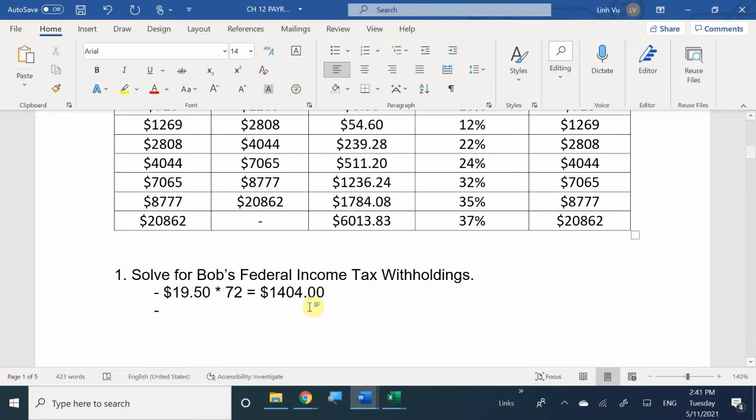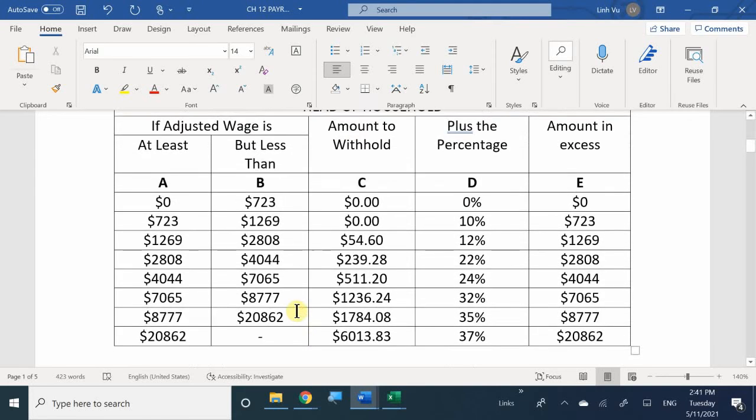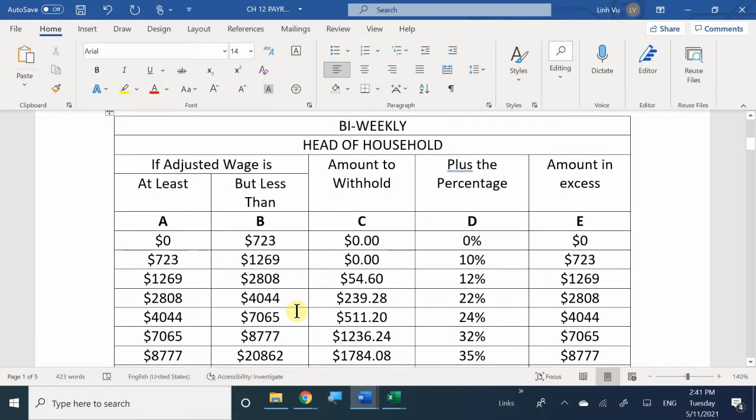Let's see on the Circular E table. I've provided the exact table, the bi-weekly head of household. Let's see which section he falls under. The first section is, does he make at least $1,269? Yes.